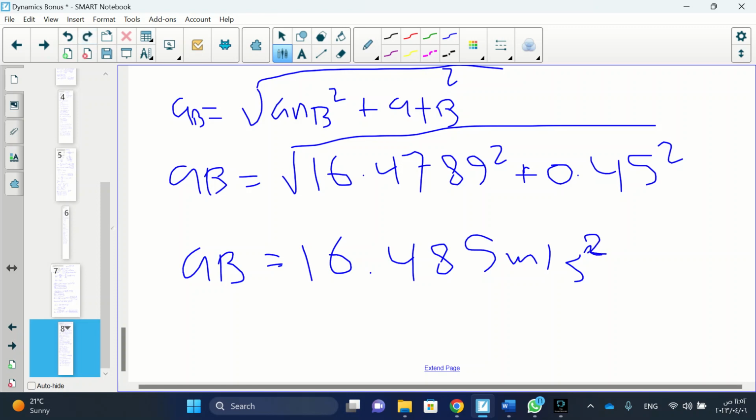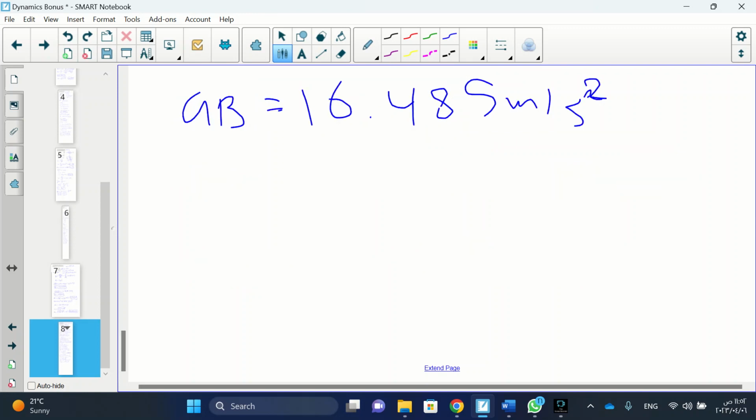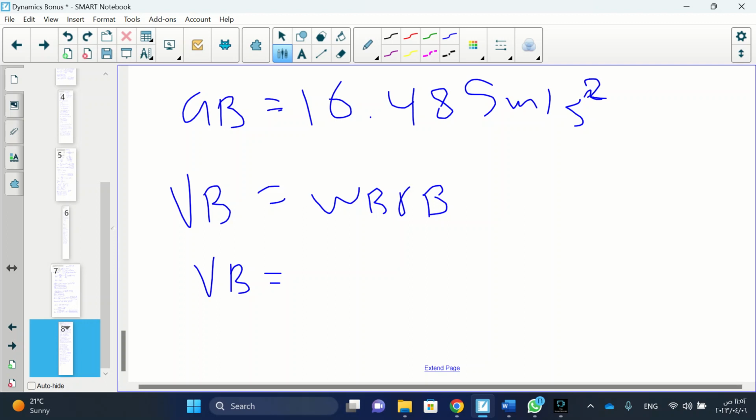Okay, so we got AB. Now we have to find VB. VB is easy, it's just equal to omega B RB. VB is equal to 16.5725 times 0.06.